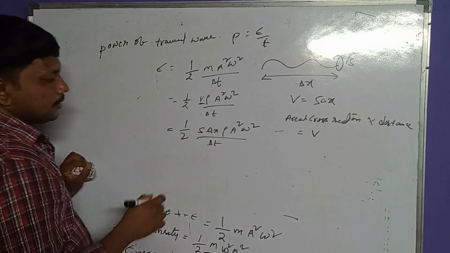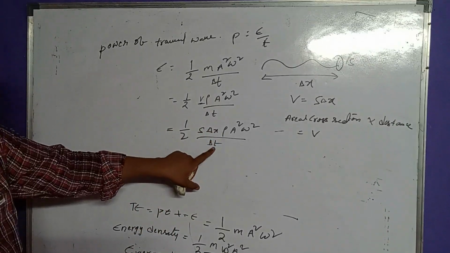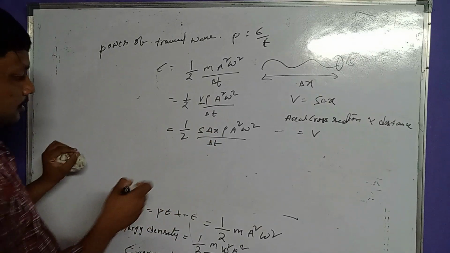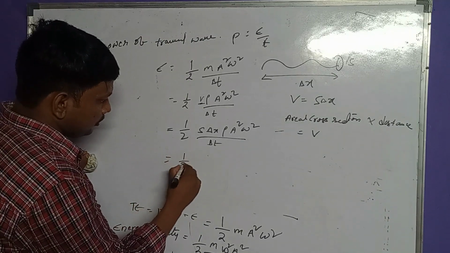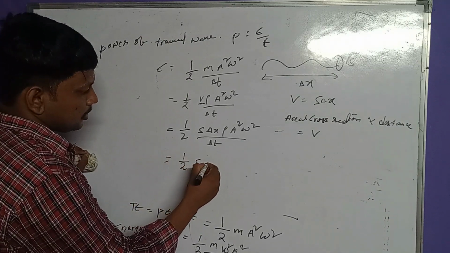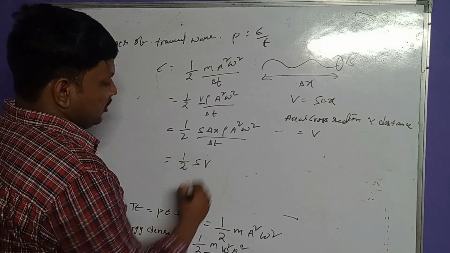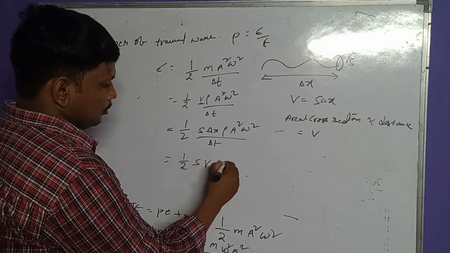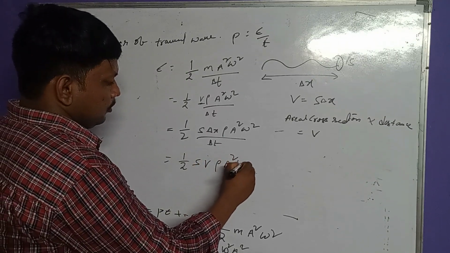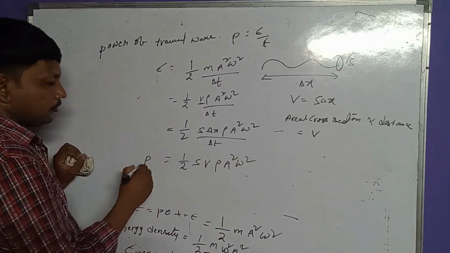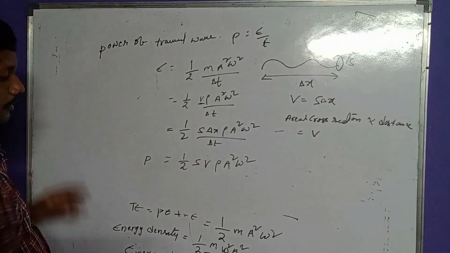Delta x by delta t, horizontal displacement by time, is equal to wave velocity, right? So power is half into area of cross section into wave velocity into rho a square omega square. This is the power of the traveling wave, right?